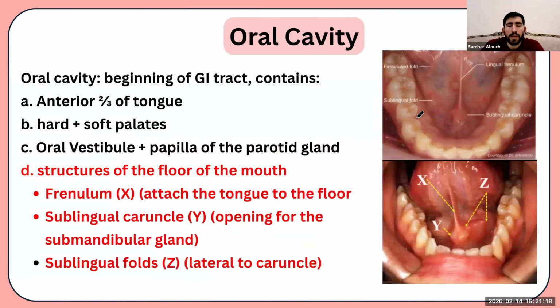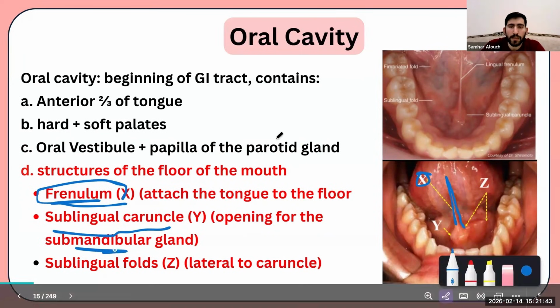Then the floor of the mouth has 3 important structures. First one is the frenulum. The frenulum is this structure. It is a line of fibrous tissue that connects the tongue to the floor of the mouth. Then we have the sublingual caruncle. It's the opening of the submandibular gland. So we have 3 salivary glands, I will explain that later on.